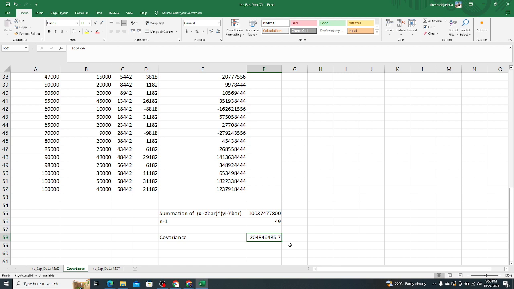It means we have a positive covariance. So because our covariance is positive, we have a positive correlation between these two variables, between the income and the expense. An increase in income would lead to an increase in the expense, kind of. Okay, yes, that's a good trial.